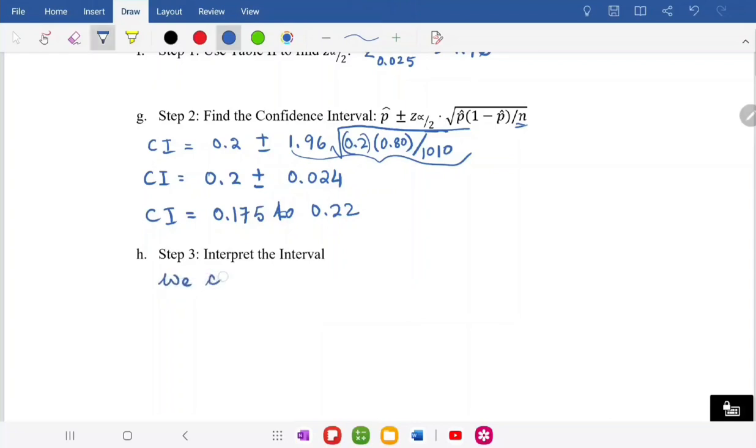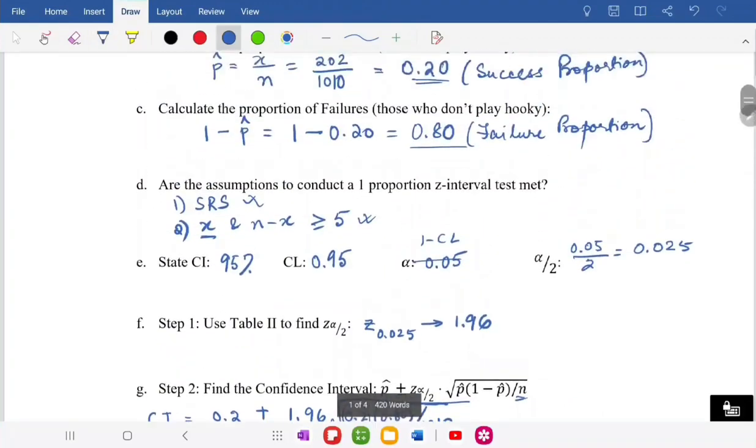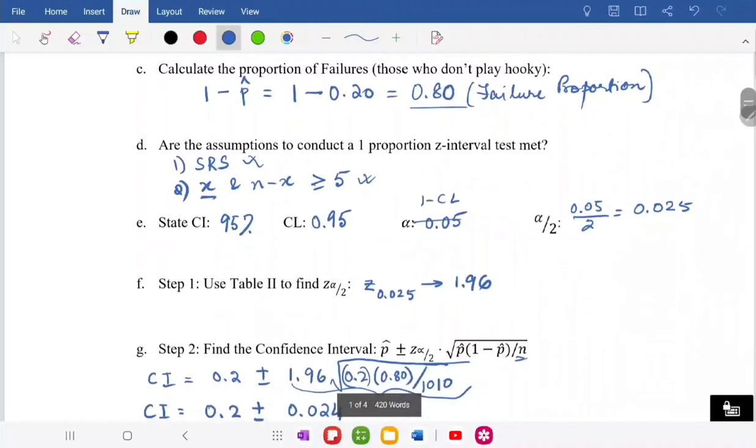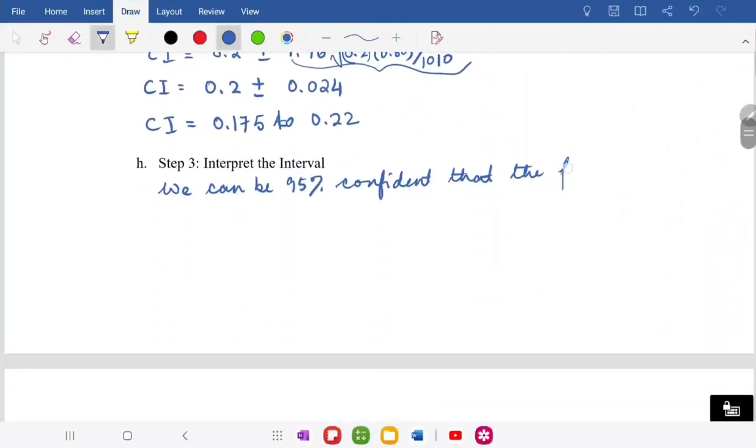So we can be 95% confident that the population proportion, or we can just use the wording in the question, that the population proportion of all US employees, or that the proportion of all, and this word is very important because that word all tells us we are talking about the population proportion, all right?